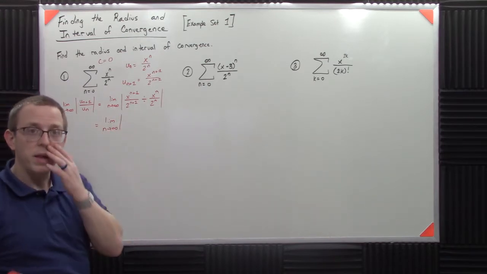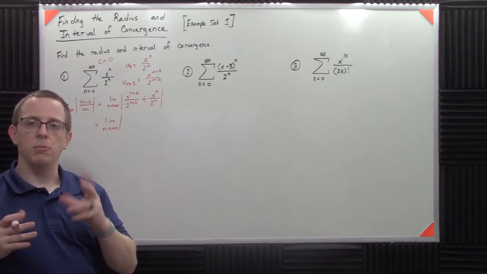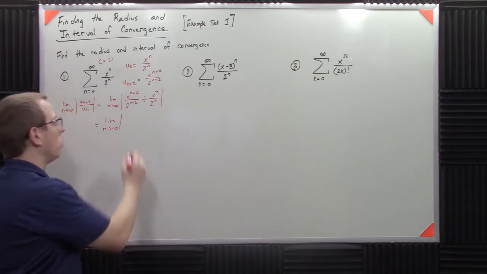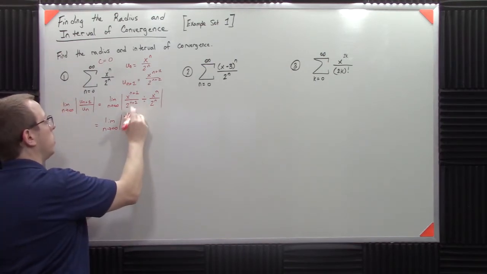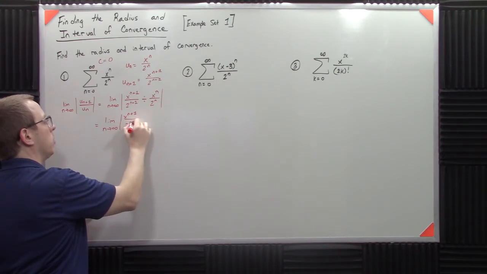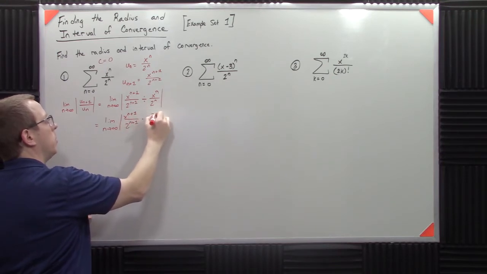Now I'm going to rewrite that as multiplying by the reciprocal, to get x to the n plus 1 over 2 to the n plus 1, times 2 to the n over x to the n.